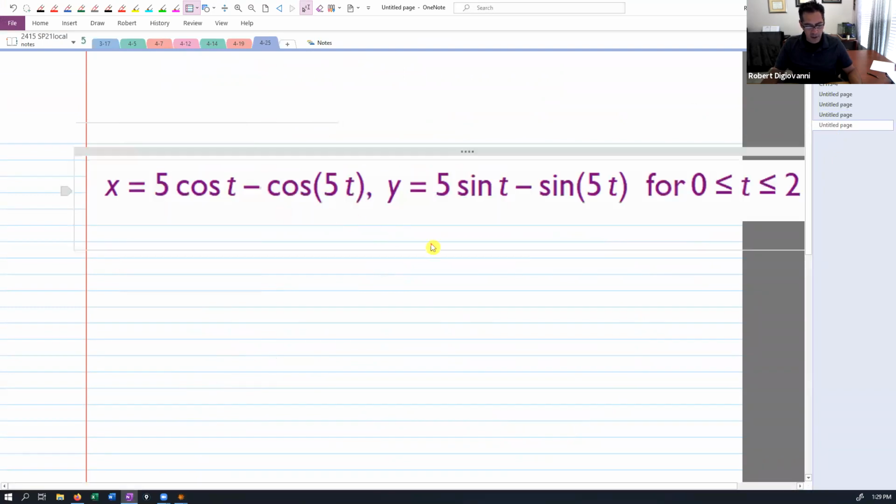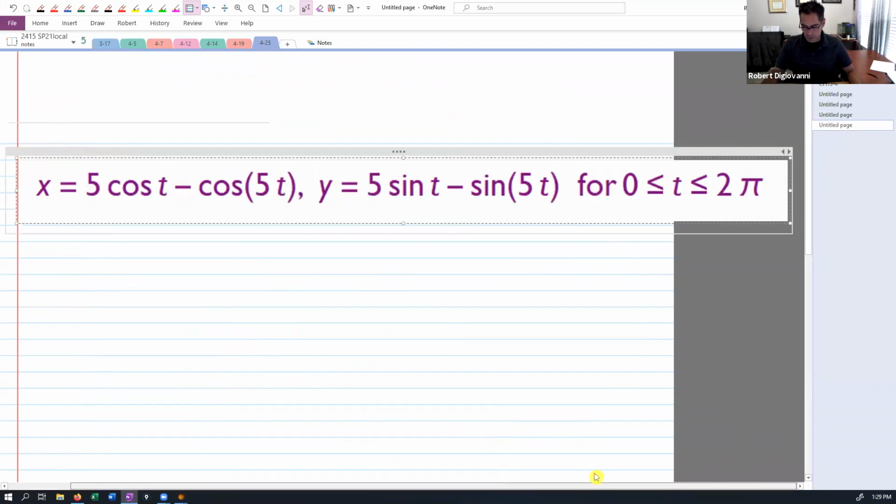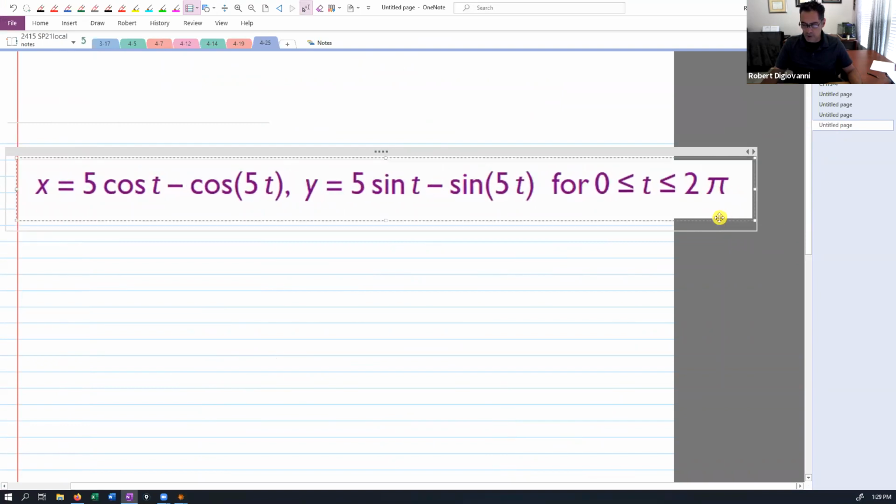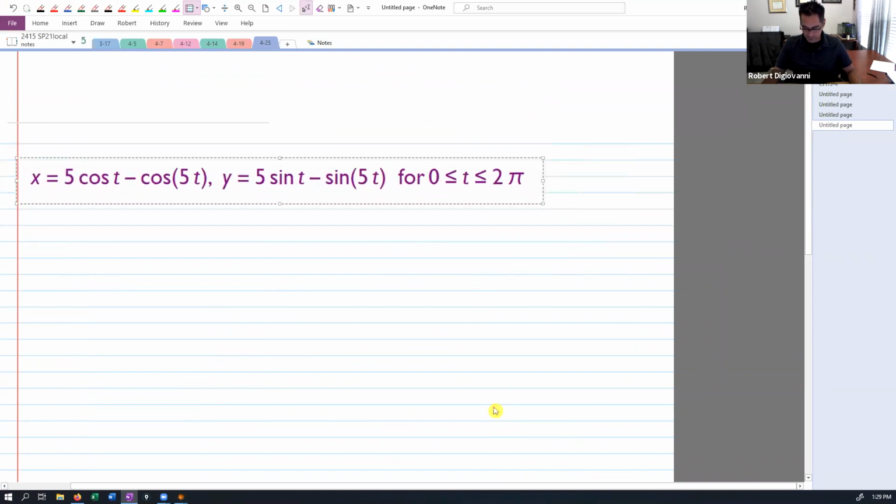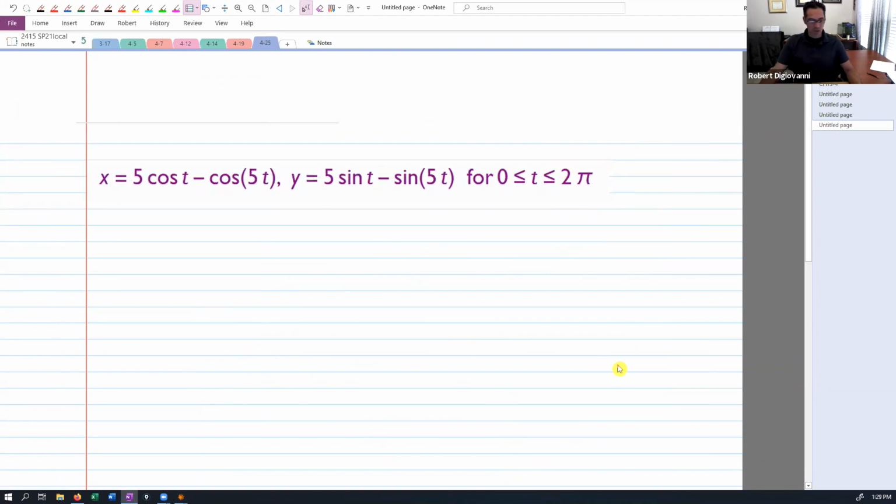So if I want to know that area, someone has already given me the parametric equations. So we're ready to do it. I'm gonna do the line integral over the path C of x dy, which should be the integral from 0 to 2 pi. x is gonna be 5 cosine t minus cosine 5t.